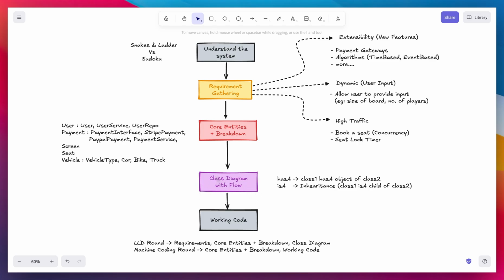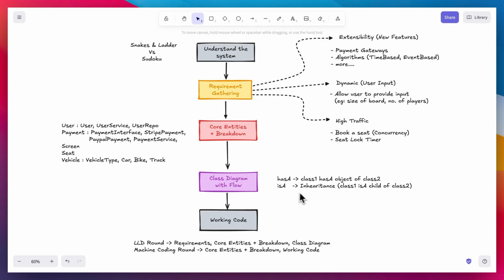In an interview, you probably might not have access to the whiteboard, or maybe you won't have much time to draw the class diagram. In that case, you can directly explain the flow. But in the LLD videos that I'm going to make, I will be explaining the flow through the class diagram. And in the class diagram, I would be basically using these two kinds of relationships.